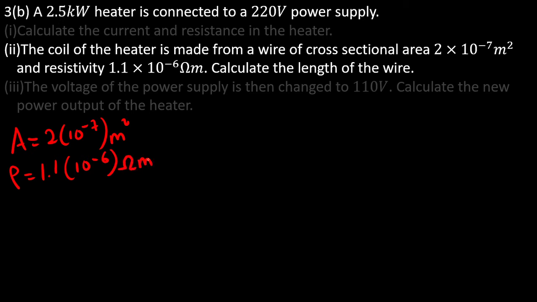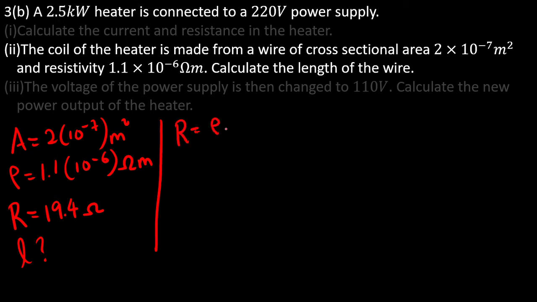Now, we should note at this point that from the previous question, we know that the resistance is equal to 19.4 ohms. If you refer to your equation sheet, you will find an equation that relates these variables as well as length. So I will have R equals rho L over A. Rearranging this, you will get L equals RA over rho.